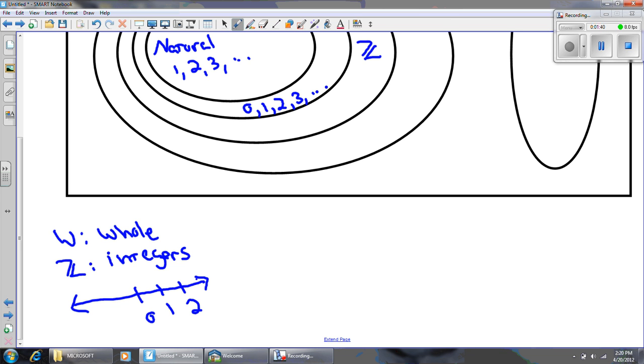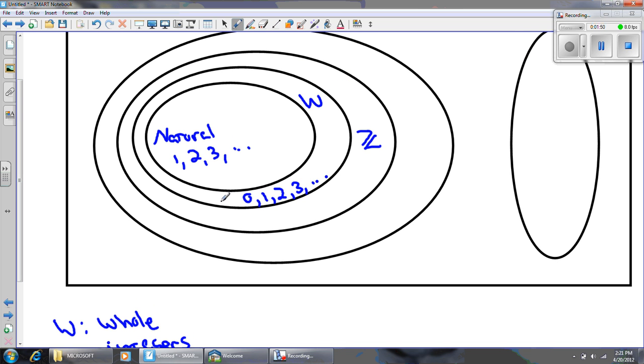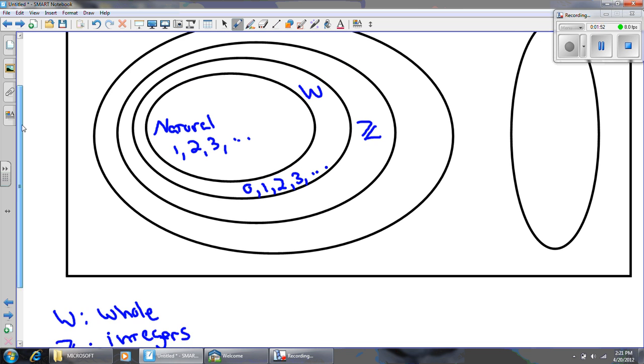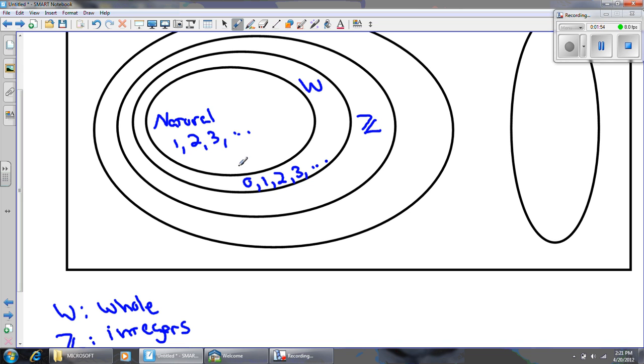They include whole numbers and the negatives. Notice I will not put negative 1/2 on this number line. Okay, not negative 2.3, not 5/6. Integers do not include fractions or decimals. No fractions or decimals.